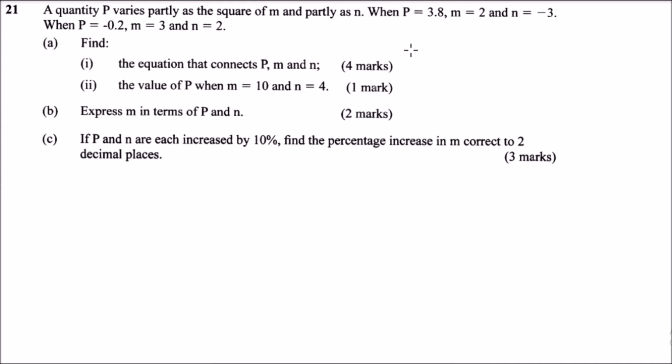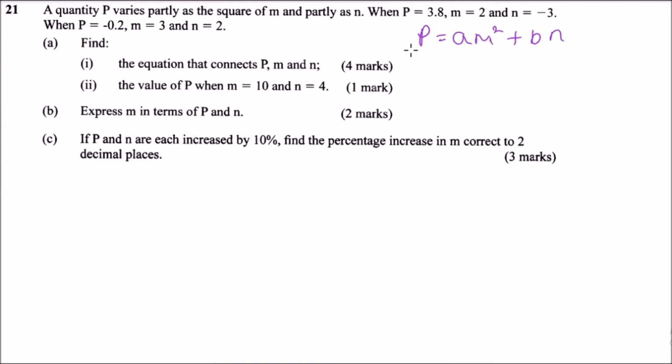So, to interpret this statement, quantity P varies partly as a square of m, we say P is equals to, we can use A as a constant, m squared. Then we have plus, we use B, n. So that is the statement.